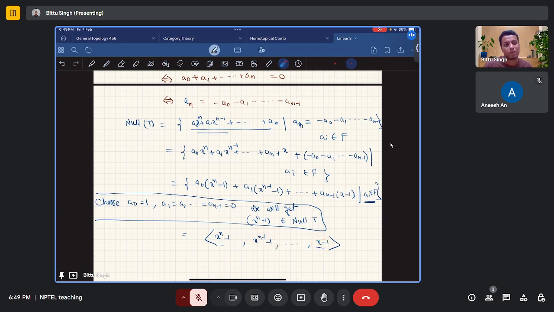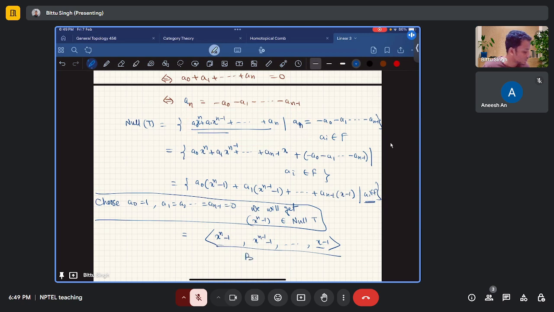So whatever linear combination we choose to vanish, this must imply all those coefficients become 0. So those are linearly independent and they span the whole null space. Therefore, this is a basis.